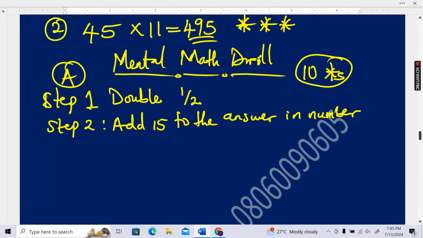If you don't get your answer to number 1 correctly, you will not get the answer to number 2 correctly. Step 2, add 15 to the answer in number 1.